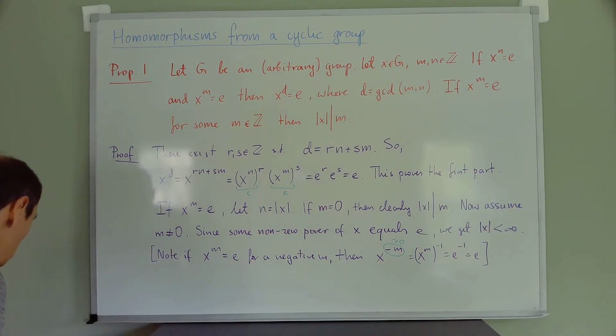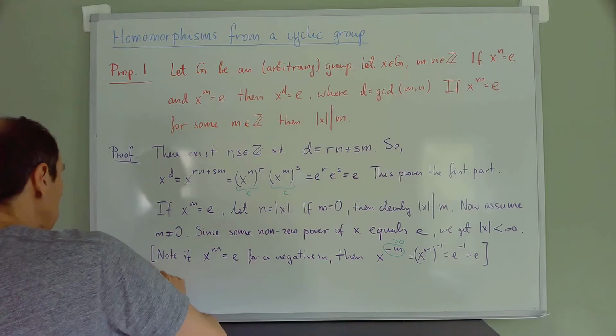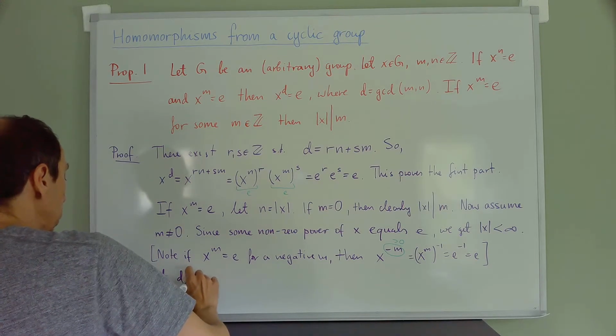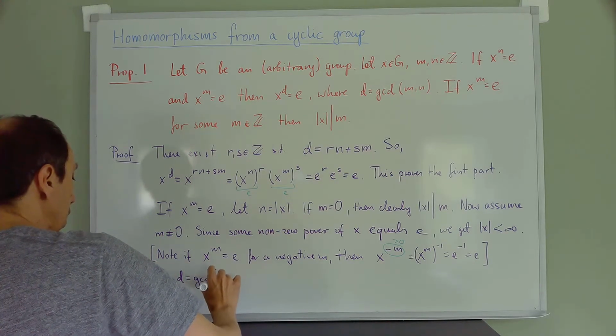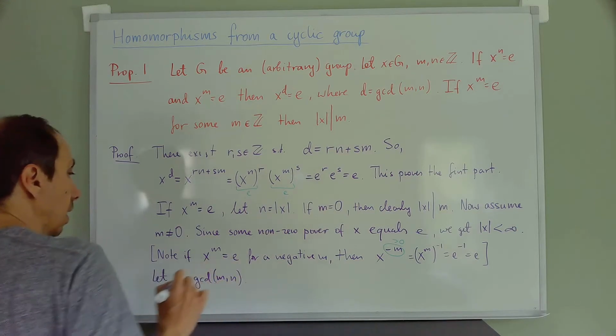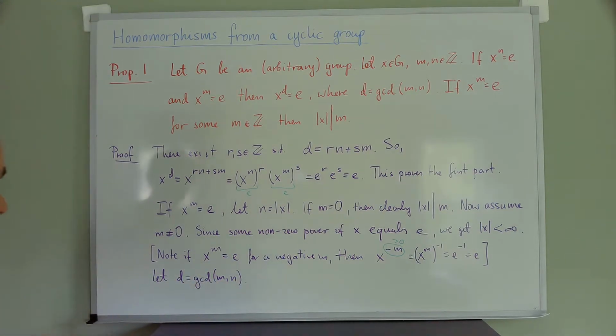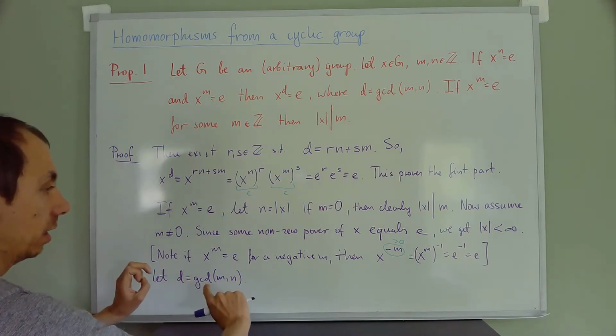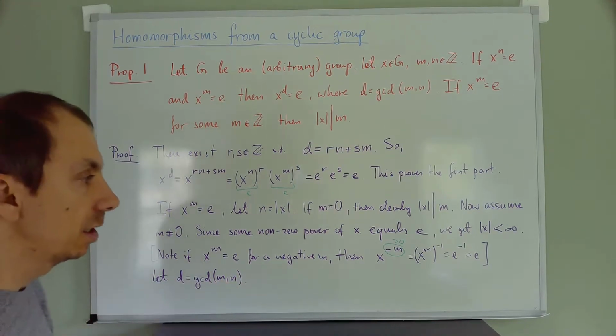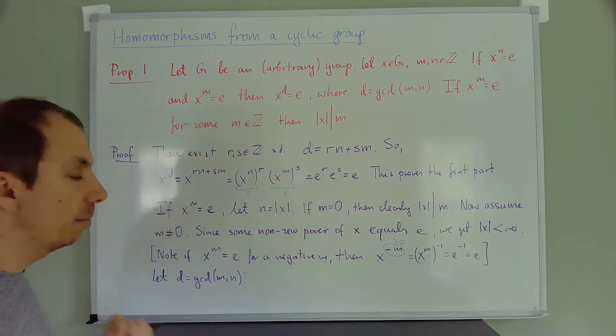Okay, so now let d be the GCD of m and n, where n is the order. So surely x to the order is the identity, and we also know x to the m is the identity.